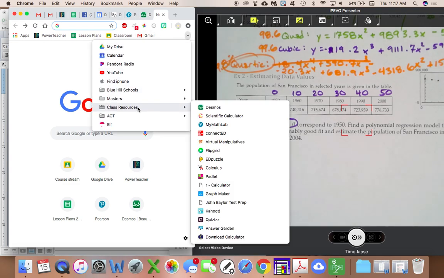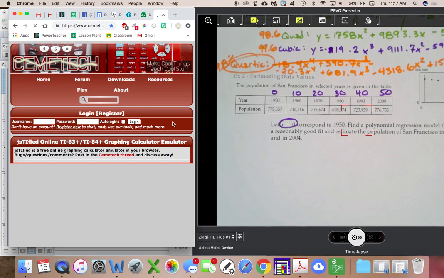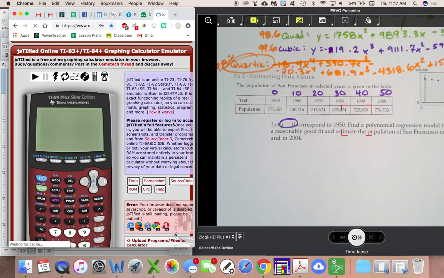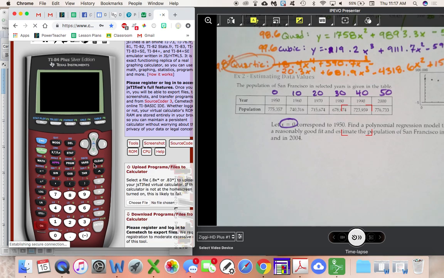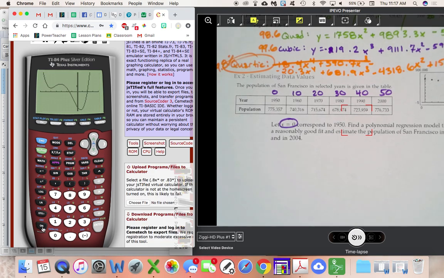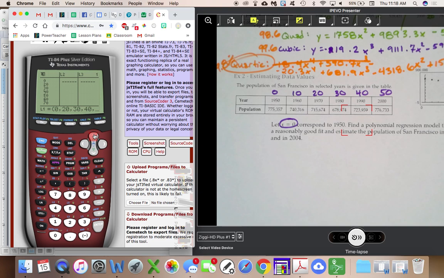The stat button is right below the delete key. I have stuff in there, so to clear them out, you go up to the heading and hit clear, enter.